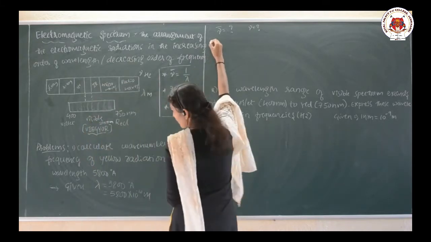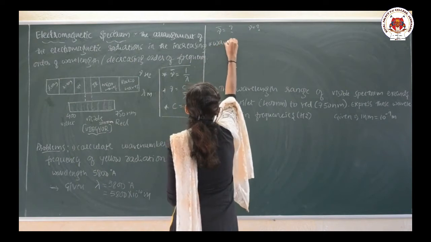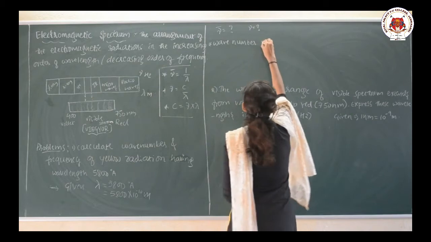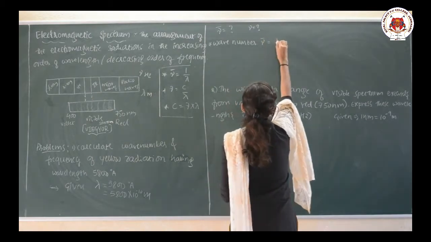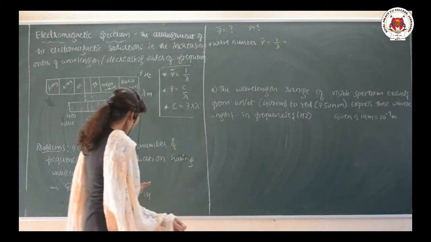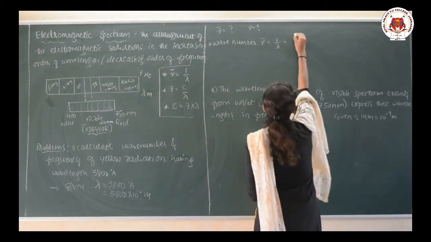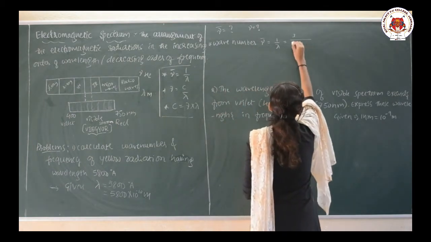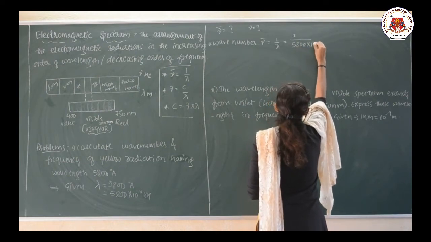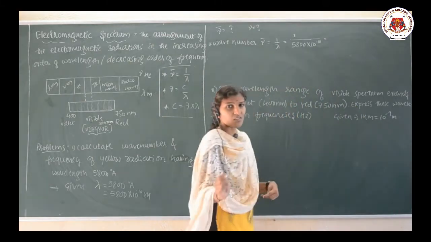So, first the wave number, nu bar is equal to 1 by lambda. Lambda we have already calculated, so substitute the value, 1 divided by 5800 into 10 to the power minus 10.